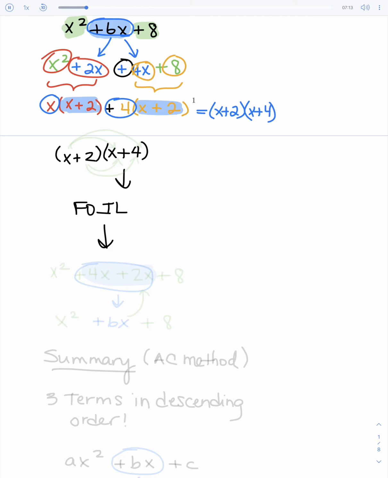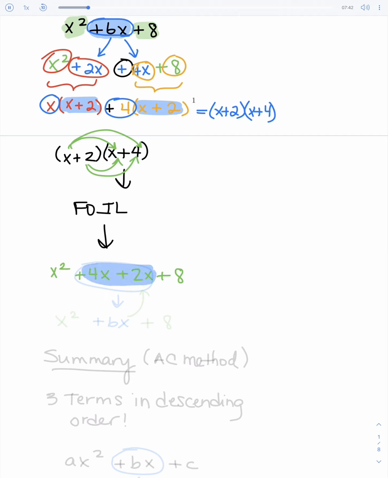Well, you start out by first multiplying out your x times your x, which will get you an x squared. Your x times your 4 gets you a 4x. Then your 2 times your x gets you a 2x. And the 2 times 4 gets you the 8. Notice, how many terms do you have? You have 4. And you've got 2 like terms in the middle.